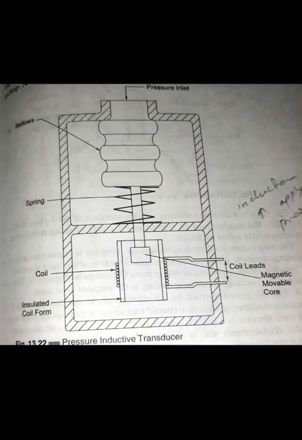A very important example of the mutual type is the LVDT, which we saw in the previous lecture. Synchro is the generic name for the inductive device which can be connected in various ways for shaft angle measurement.